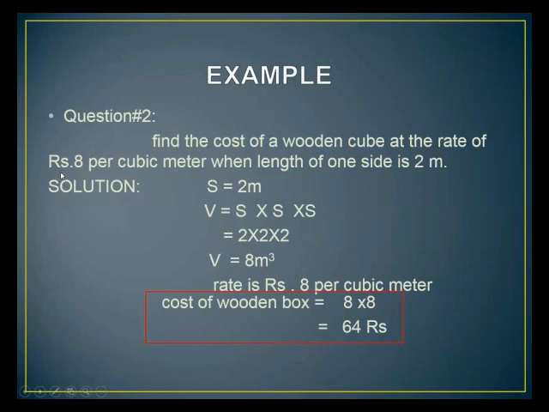And at what cost will we get it? We will get it at the rate of rupees 8 per cubic meter. So we multiply the volume of the cube by the rate per cubic meter, and we get the answer 64.